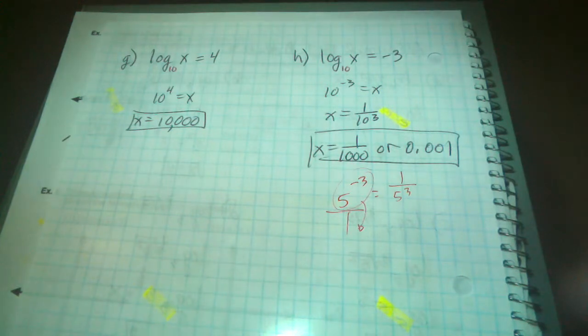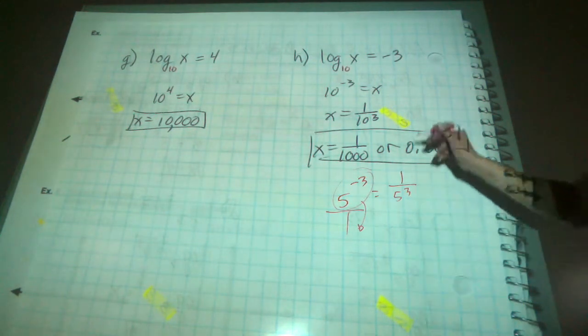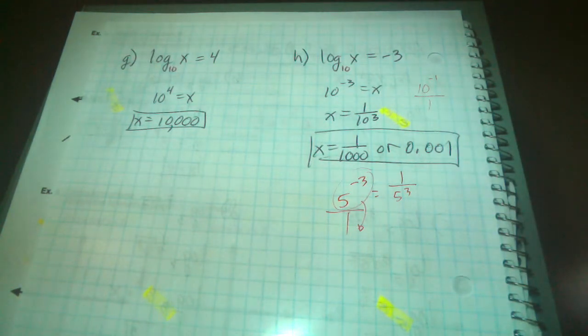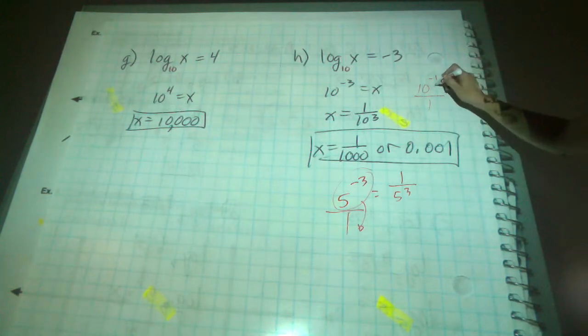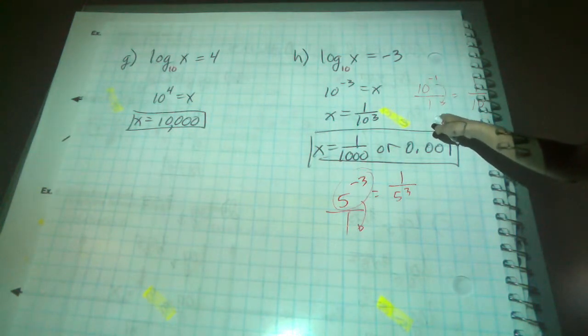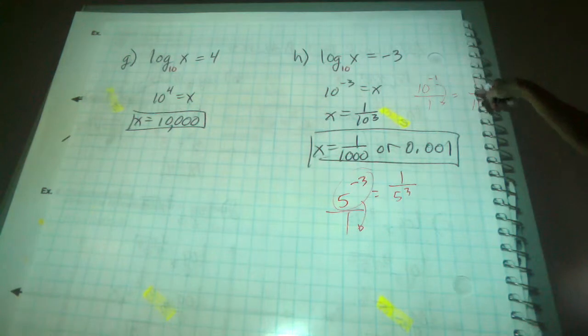So why is 10 to the negative 1 different, like on how we did F? So 10 to the negative 1 is still over 1, right? If I want that exponent to be positive, technically it's 1 over 10 to the 1st, because I pushed it downstairs so the exponent becomes positive. Well, 10 to the 1st is 10, so 1 over 10.